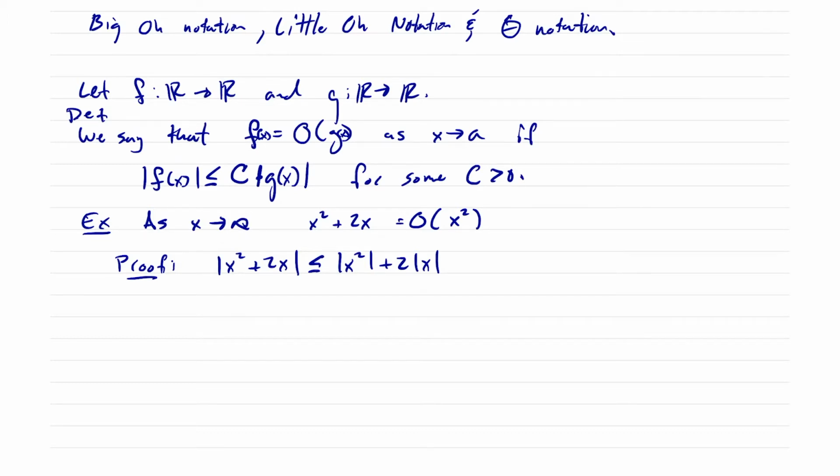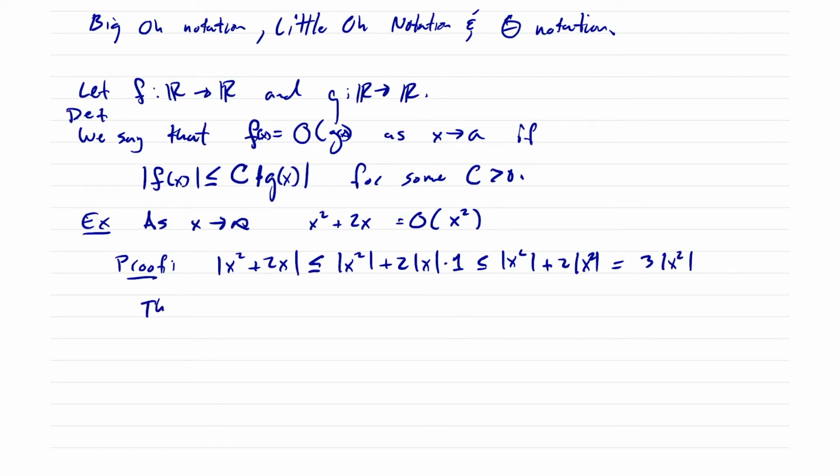Now we know that if x is bigger than 1, here we're thinking as x goes to infinity, so we can have it as big as we want, then this is going to be less than or equal to x squared plus 2 absolute value of x squared, and this itself is equal to 3 times absolute value of x squared.